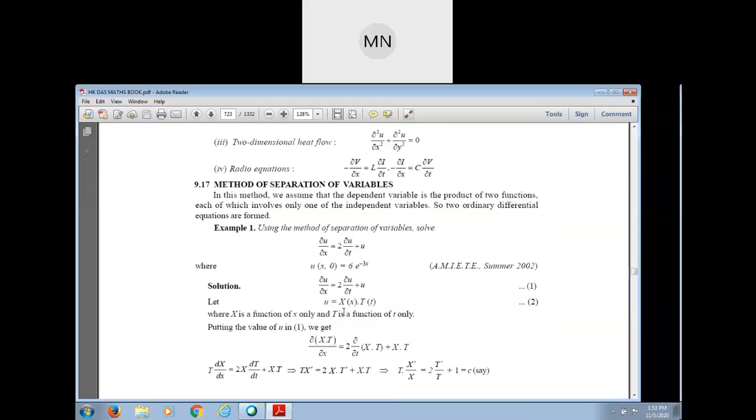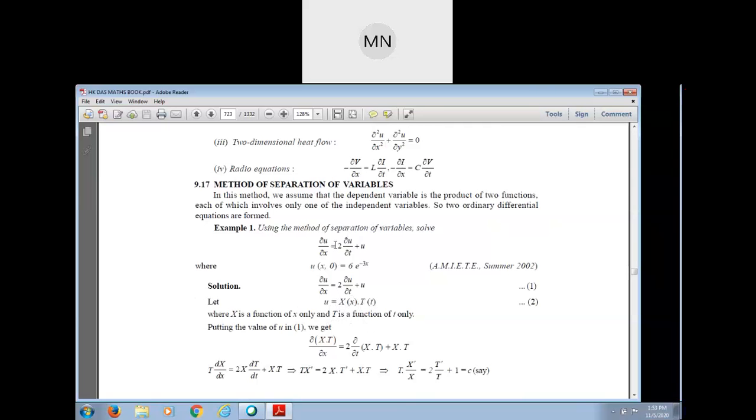Here see that capital X is a function of small x, because it involves only one independent variable, and capital T is a function of small t. Now putting the value of u in the original equation, just put the value of u.